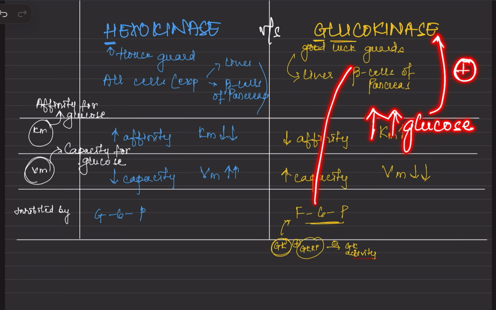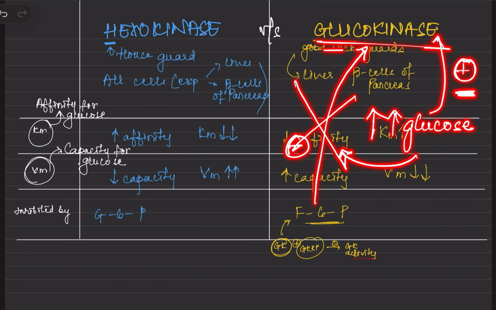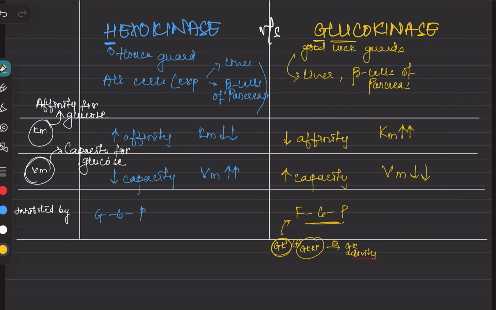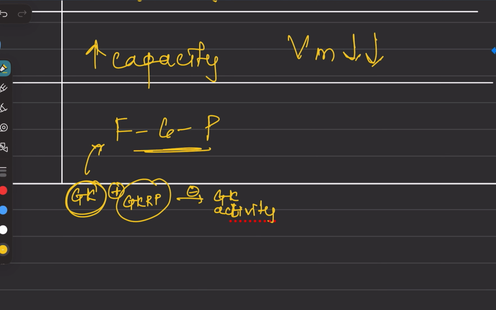So the inhibition by fructose 6 phosphate will be overcome by glucose such that it activates your glucokinase. So that is an important point to be kept in mind. Inhibition can be overcome by glucose.